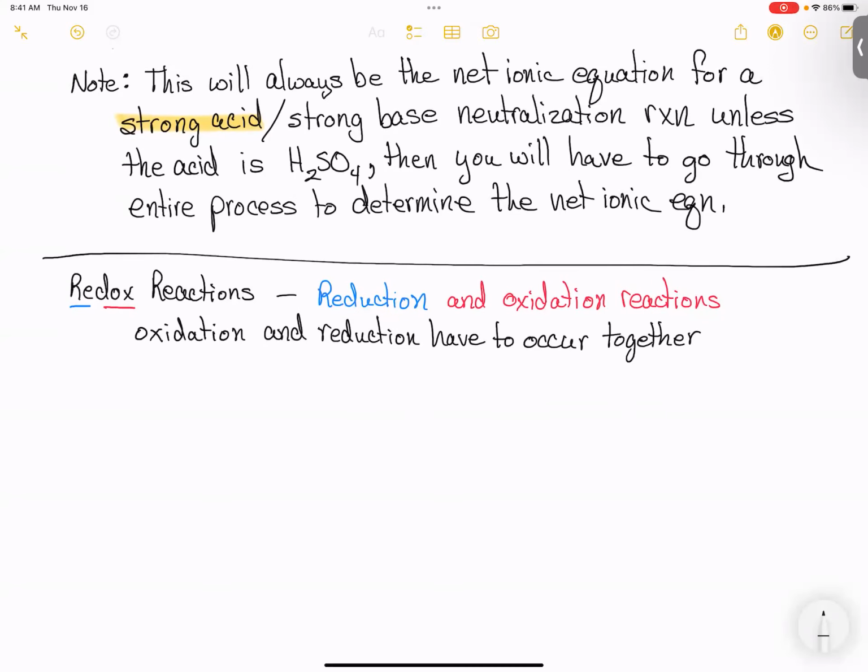Now, to help remember oxidation and reduction, you can use the term OIL RIG.